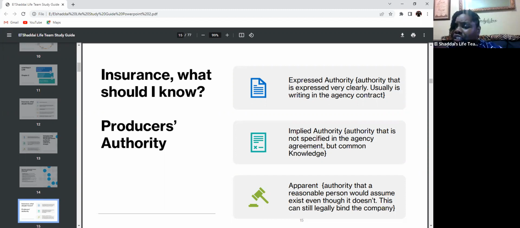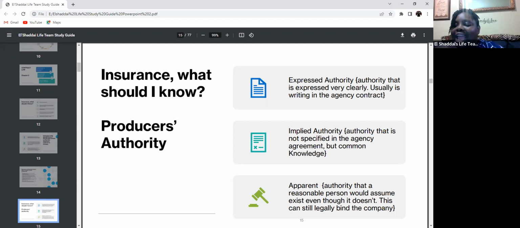You need to know the difference between those 3 authorities: express, implied, and then apparent. Apparent authority. Well, it's apparent to me. You ever heard that sentence? Well, honey, that was quite apparent. Clear.